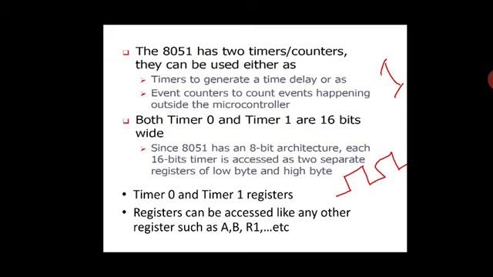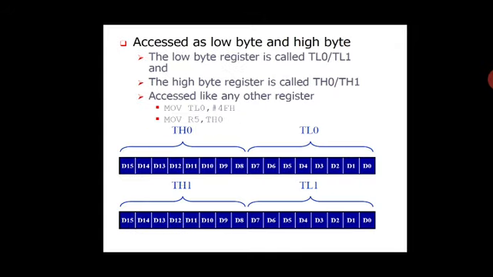Don't think of these as very special types of registers that need a different way of using. They are operated similarly to the normal registers like A, B, R1, R2. Now look here.